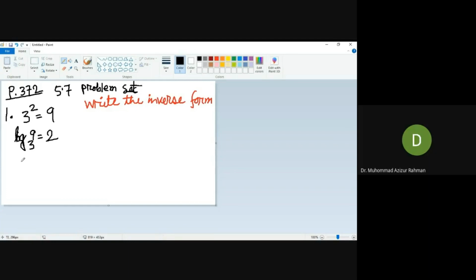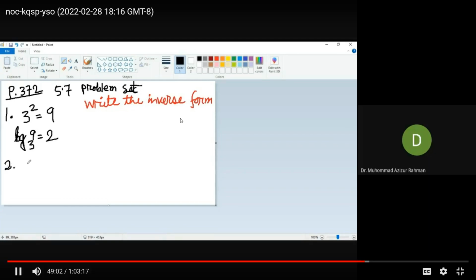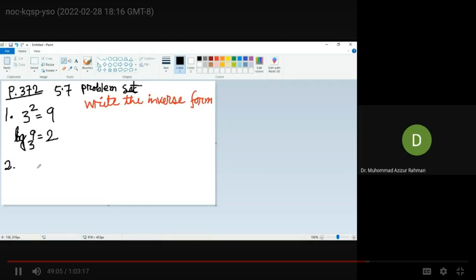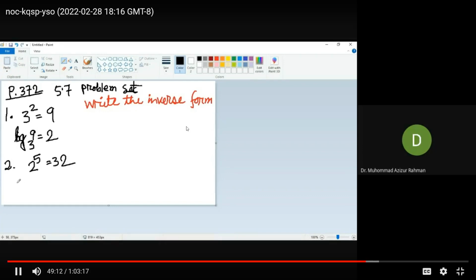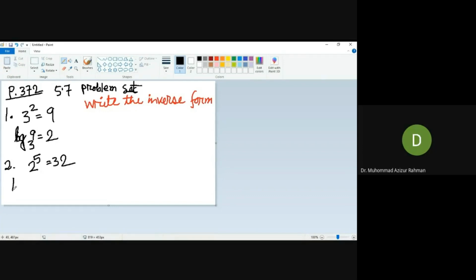We already know this: log base 2 of 32 equals the exponent, 5. Very simple.